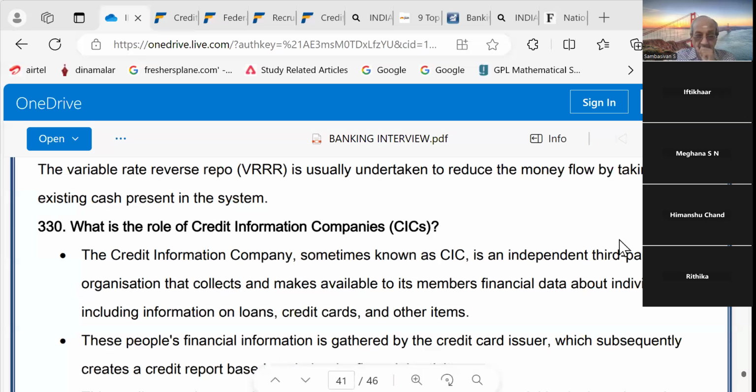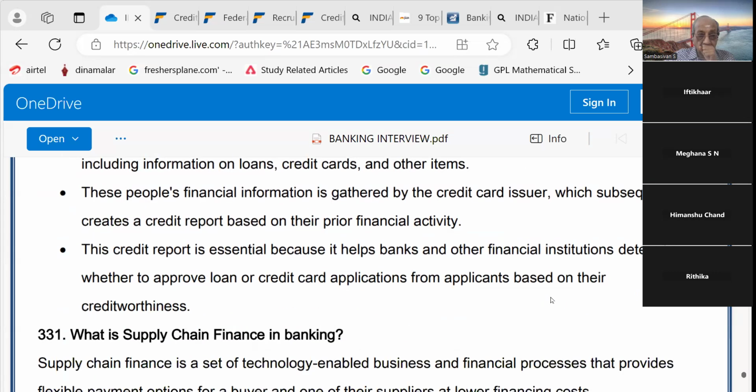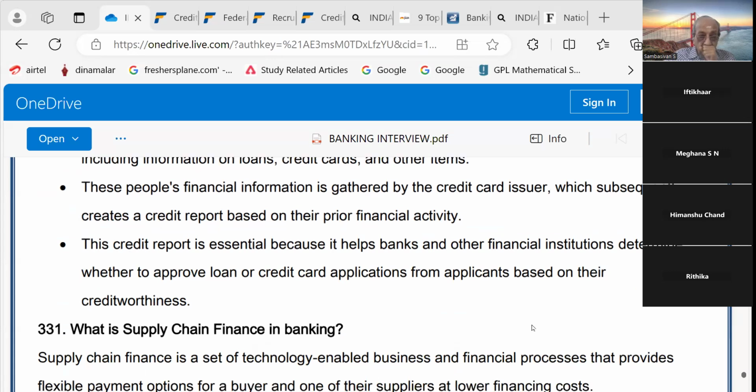This financial information is gathered by credit card issuers, which subsequently create a credit report based on their prior financial activity. This credit report is essential because it helps banks and other financial institutions to determine whether to approve loan or credit card applications based on their creditworthiness.